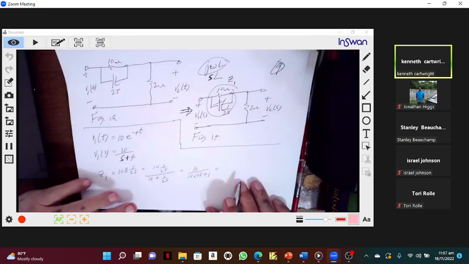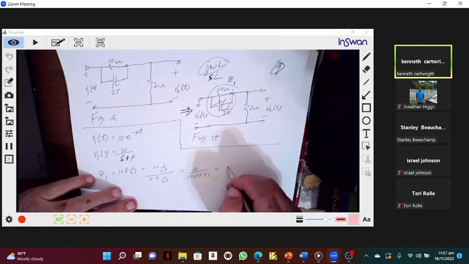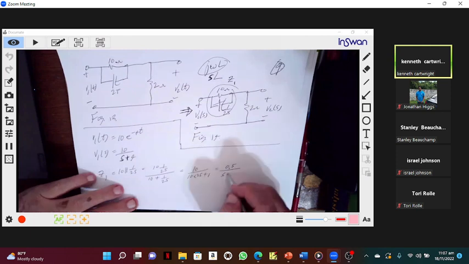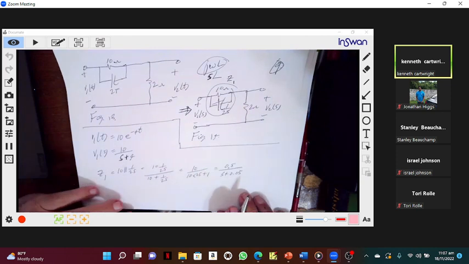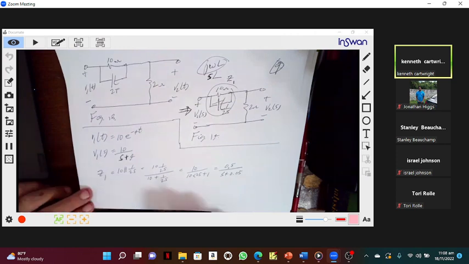Divide top and bottom by 20. So we got Z1 of s.